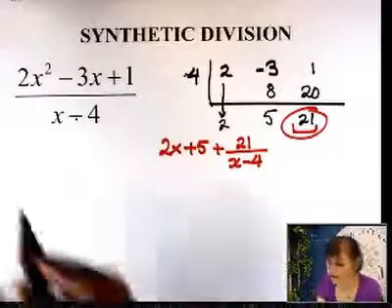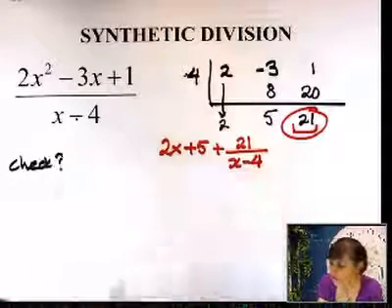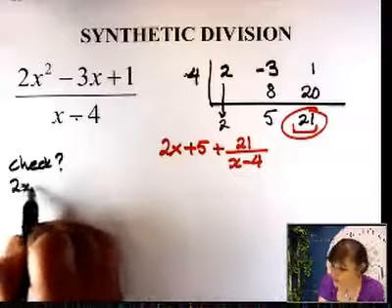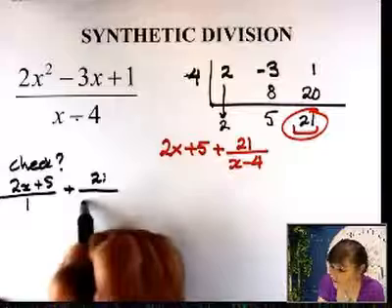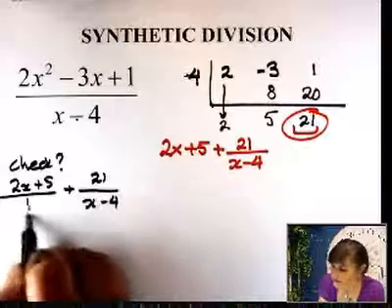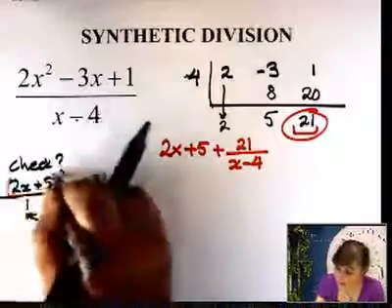And remember how we checked? If our answer is right, you were supposed to go 2x plus 5, put a 1 under it, and then 21 over x minus 4. Make it the same denominator by multiplying top and bottom by x minus 4.